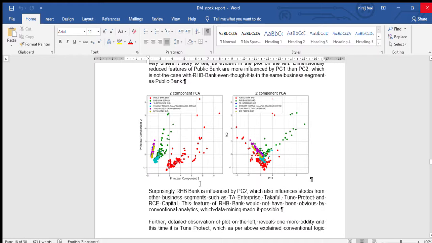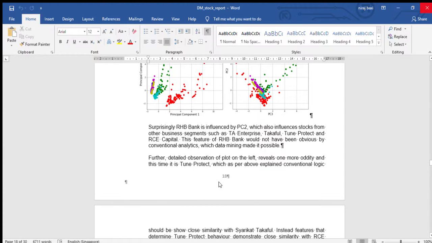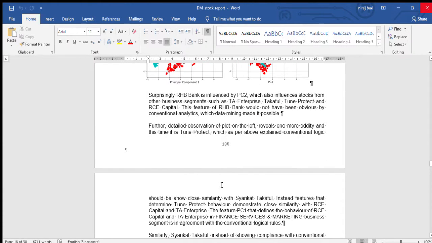Principal component analysis has therefore revealed that RHB Bank does not behave like Public Bank, so they cannot be put together. The time series of both the banks cannot be put together in the same group if you want to do the trading.